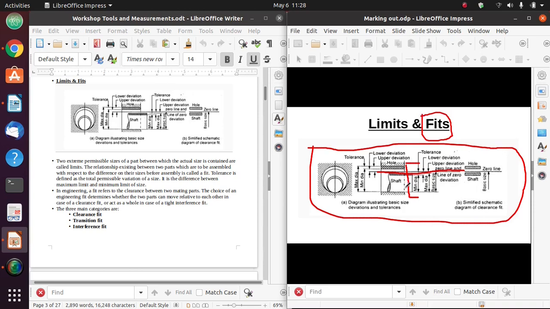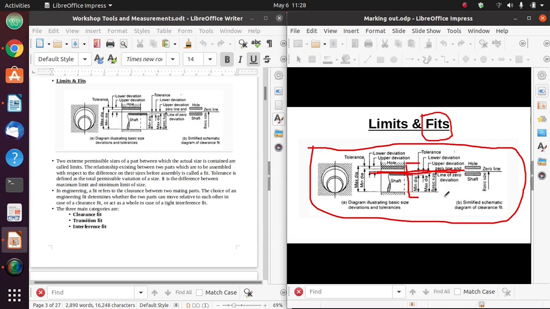You'll find that one of the most important things is this line that I have drawn here. This line is known as the zero line, or the line of zero deviation. When you are making a design, you yourself are participating in the design of a part. That size of the component that you're designing is what we call the nominal design, the basic size of that part. If it is a pipe, in our design and calculation that part is supposed to be 10 centimeters.